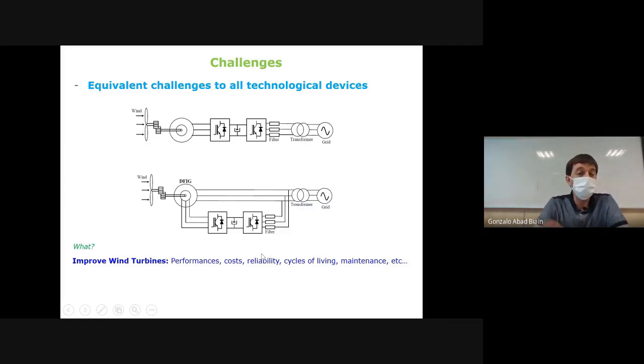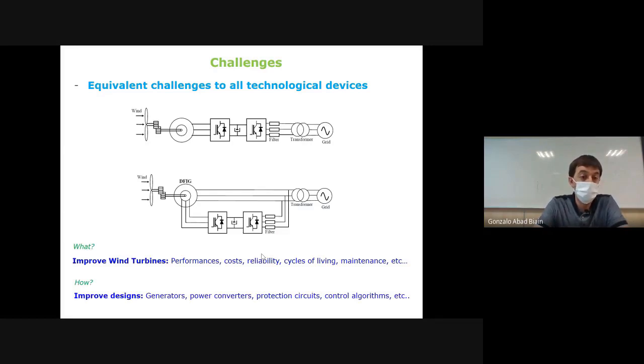So these are the challenges that every single technology can have. And how is it done in the wind turbine context? By improving generators, by improving power electronic converters, by improving protection circuits within power electronic converters, by improving control, at least from the electrical technology point of view. Everything goes by the improvement of these elements. Okay?